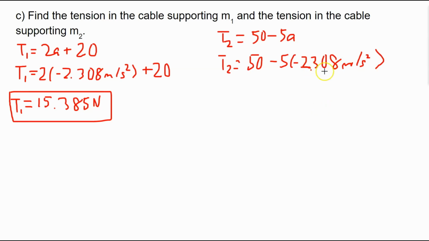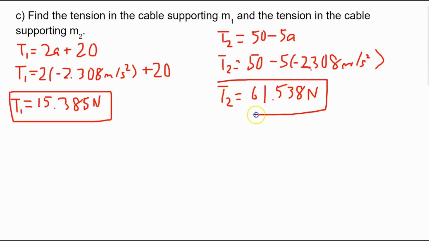So negative 2.308 meters per second squared. These two negatives, they're going to both become positive, and we're going to get a large tension force for T2. 61.538 newtons. So this tension, the second tension force, the one with M2, is higher than the first tension force, T1, and that should make sense.